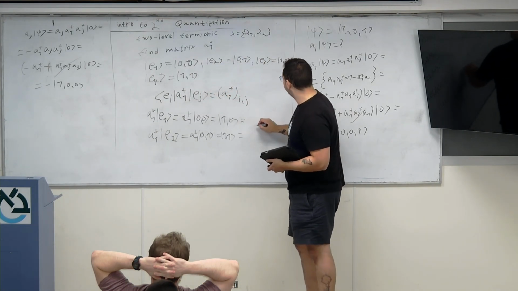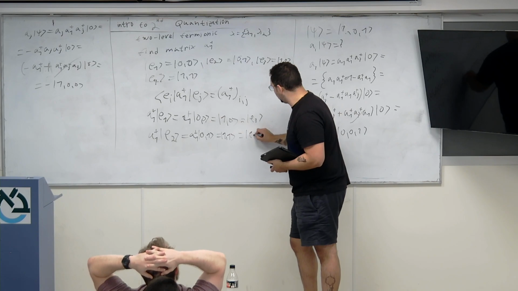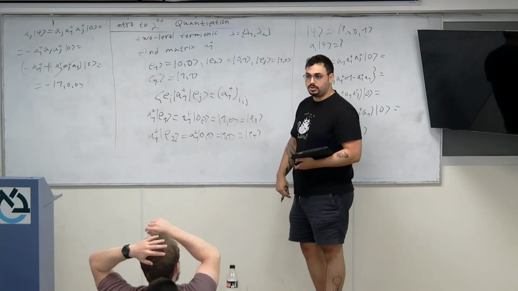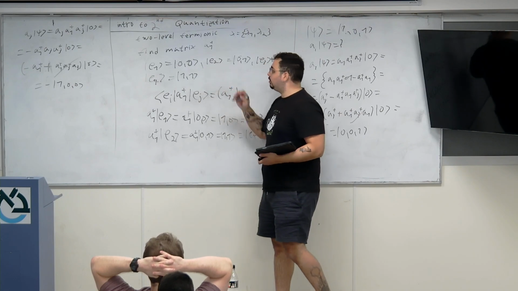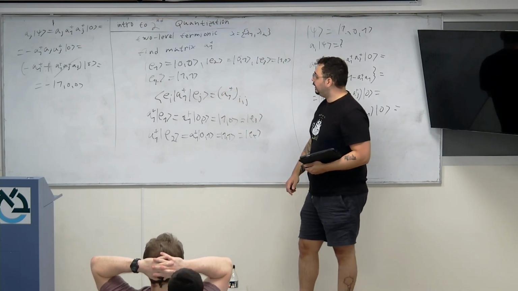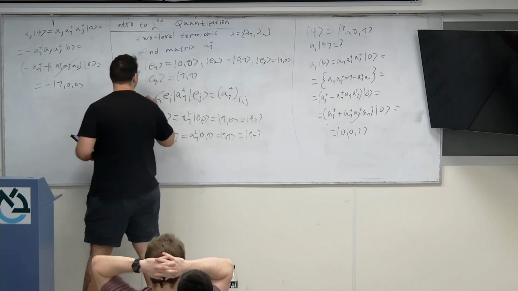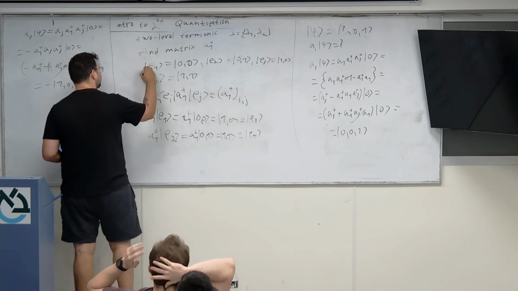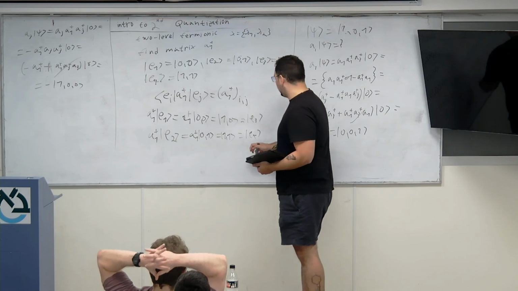We know this is E3 and this is E4. So the only non-zero elements, since the Fock states are orthonormal. I don't remember if I mentioned it when we talked about Fock states. The Fock states are orthonormal.